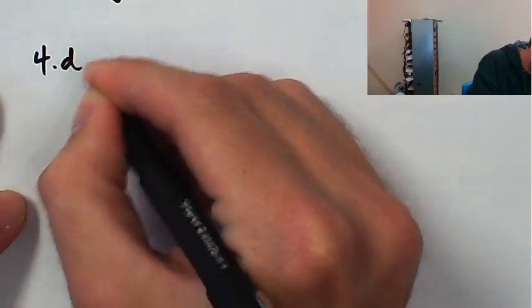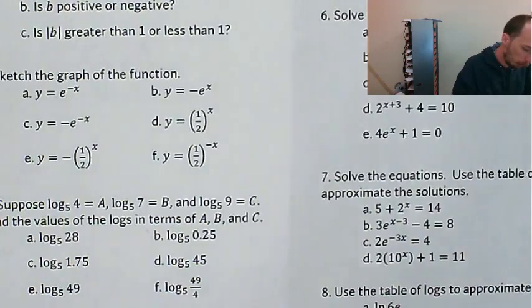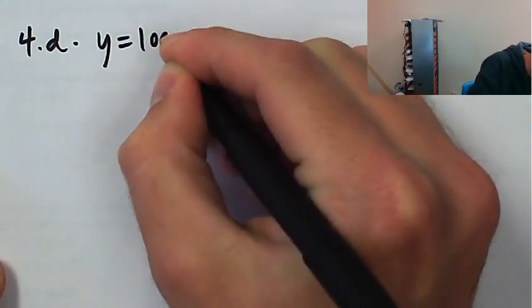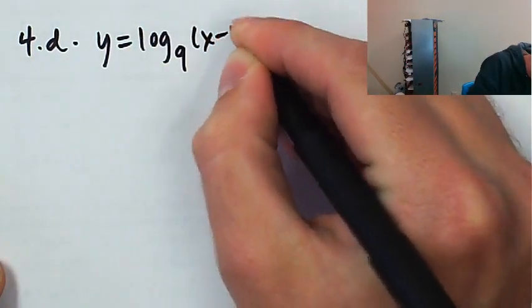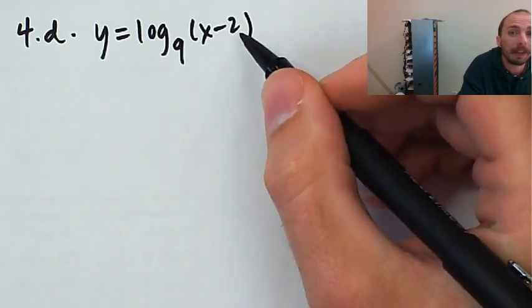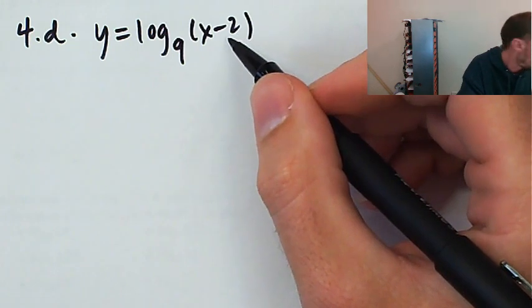All right, 4D. Forgot to do that one. I think that's back over here. Let's see where the problem set is. 4 was log base 9 of x minus 2. Okay, what we saw was that the domain of this thing is x is greater than 2.